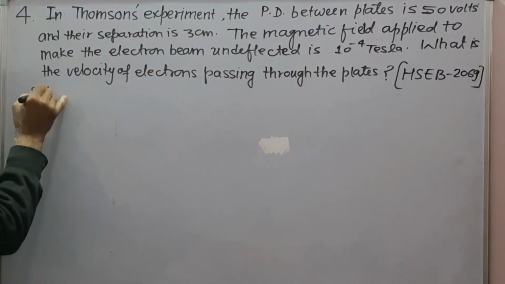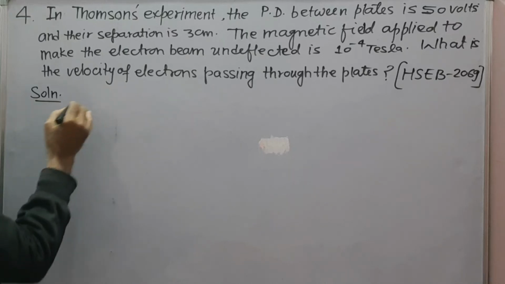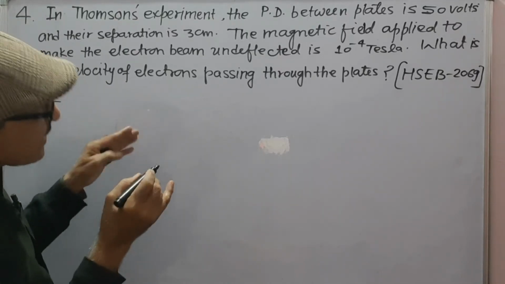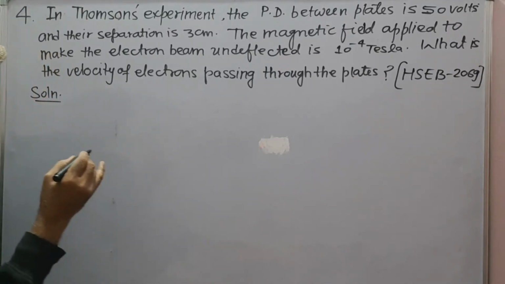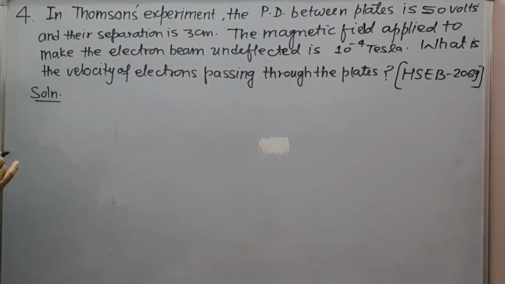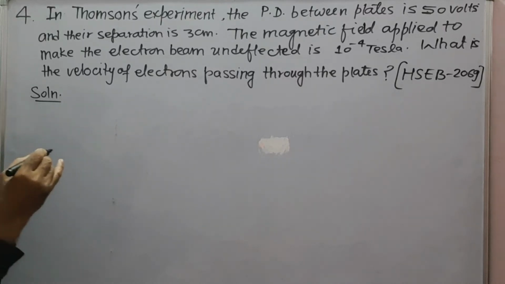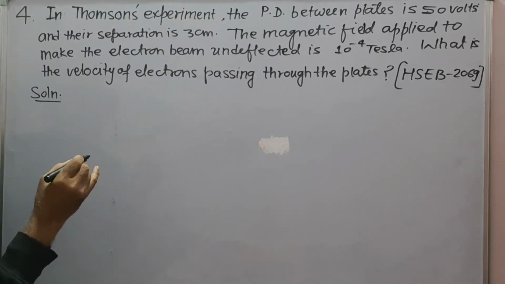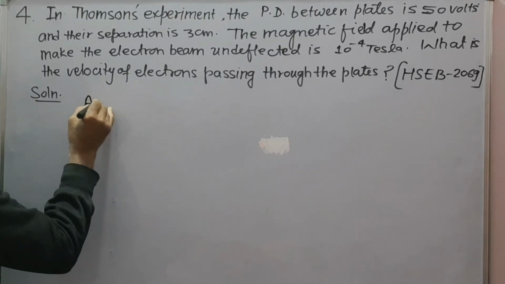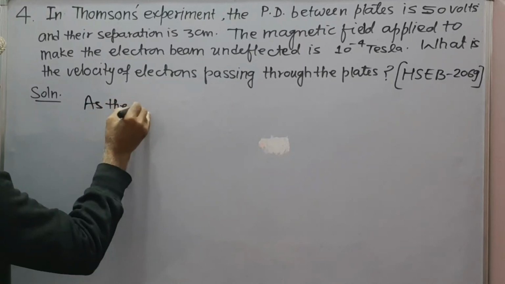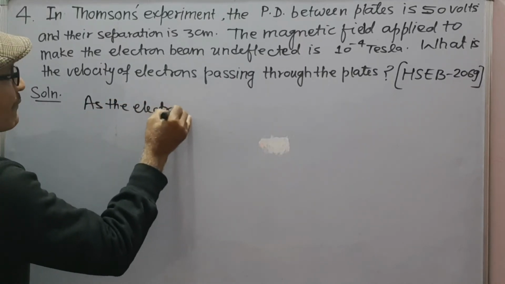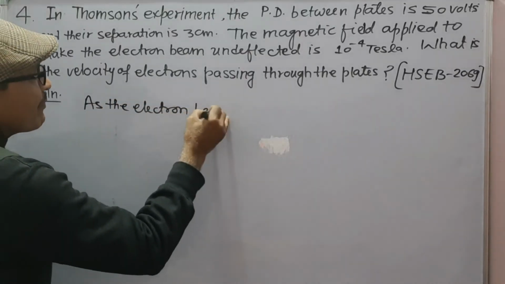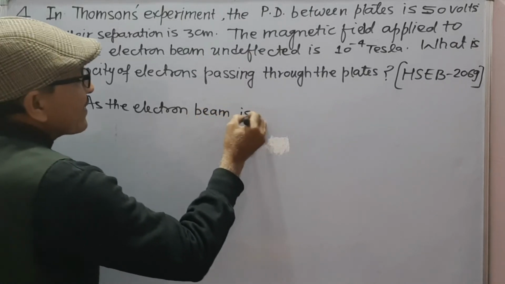Solution: as the electron beam is undeflected under the presence of electric and magnetic fields, therefore the two fields must be crossed fields.